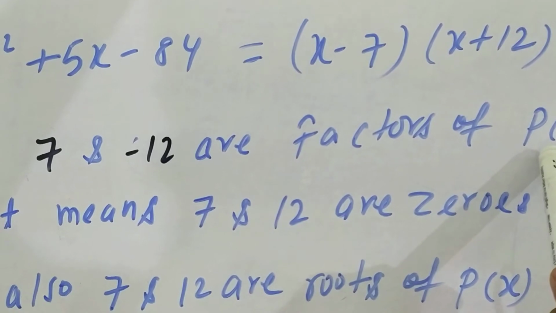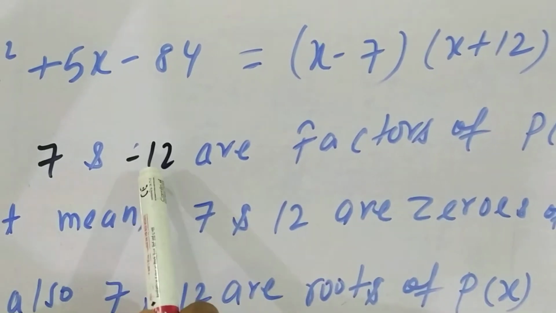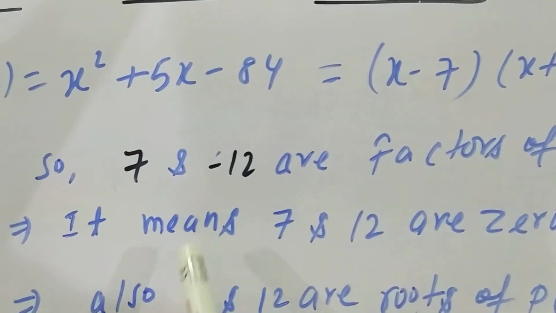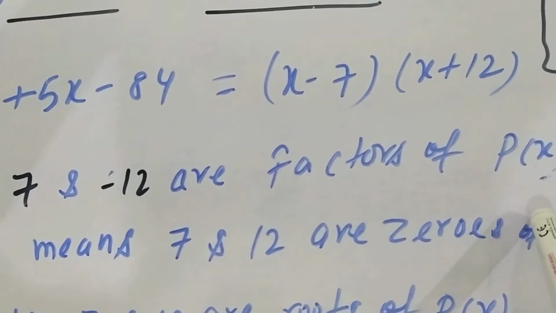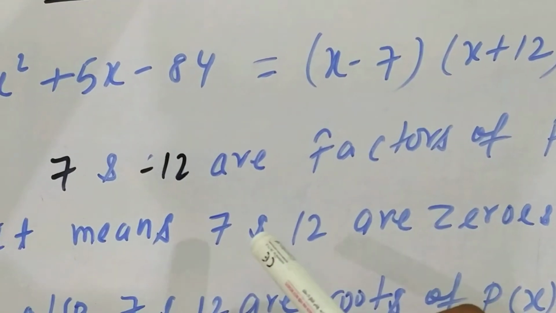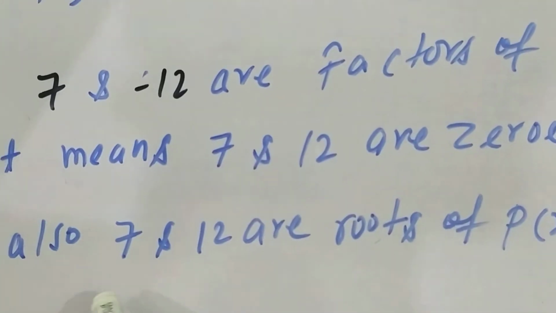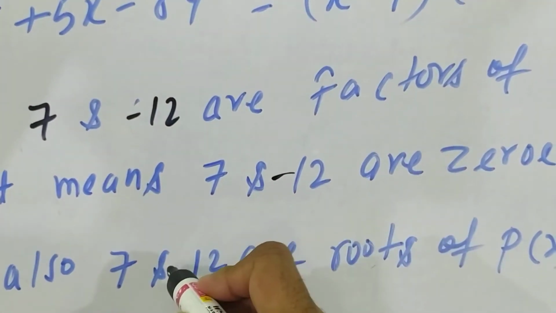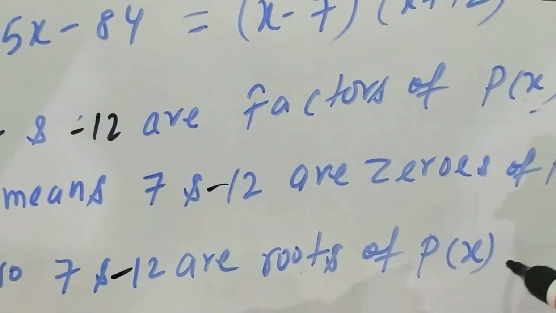Will you understand? 7 and minus 12 are the zeros of the polynomial, the same roots, factors, zeros. Also, 7 and minus 12 are the roots of the polynomial of x.